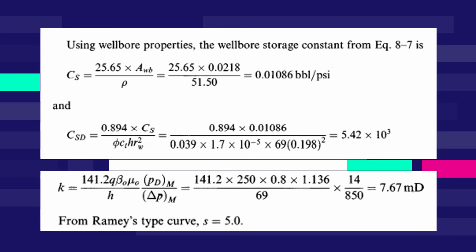So we get 7.67 millidarcies. From the Ramey type curve, s is equal to 5.0. That's all. Thank you.